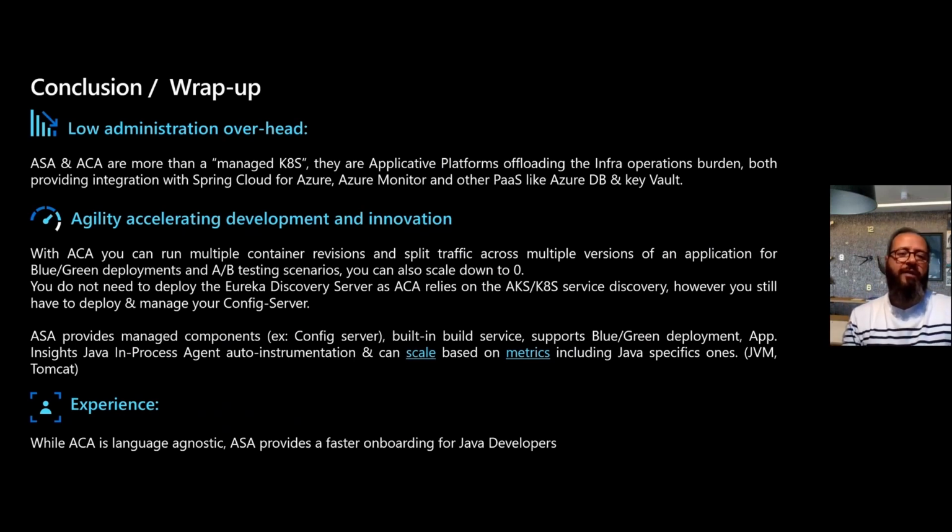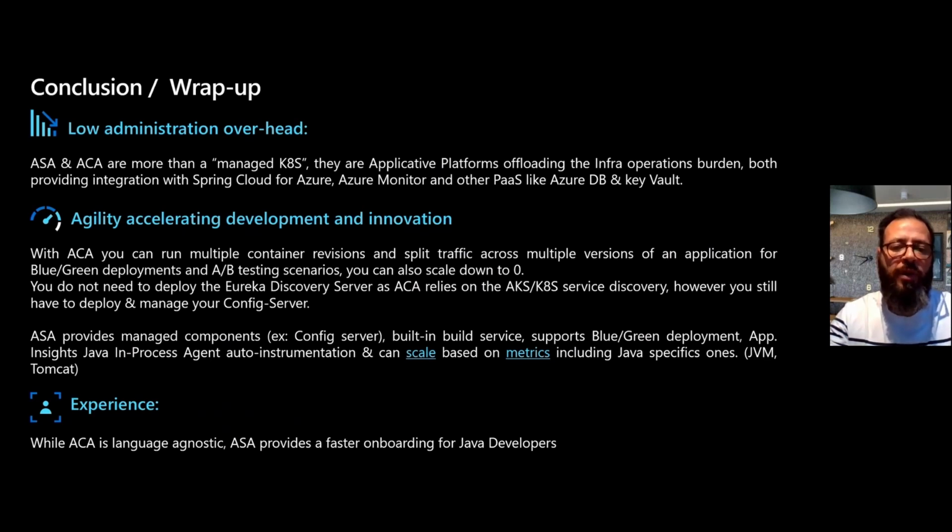In terms of agility, with Azure Container Apps, you can run multiple continuous revisions and split the traffic across multiple revisions of an app to enable blue-green deployment or A/B testing scenarios. Something important to mention, you can scale down as well to 0.